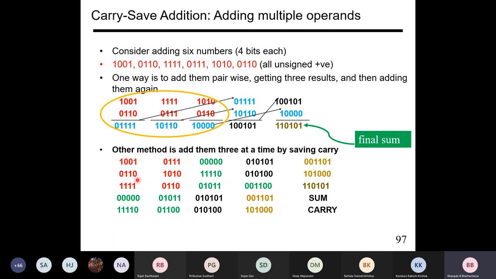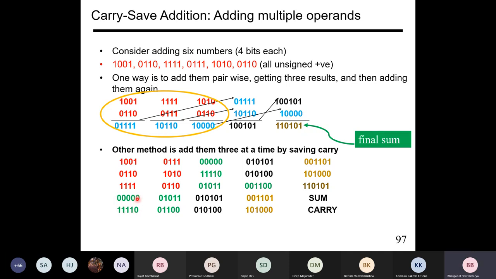Now look at this column. So I add these numbers. This is the sum, and I write the carry below. So 110, the carry goes here.